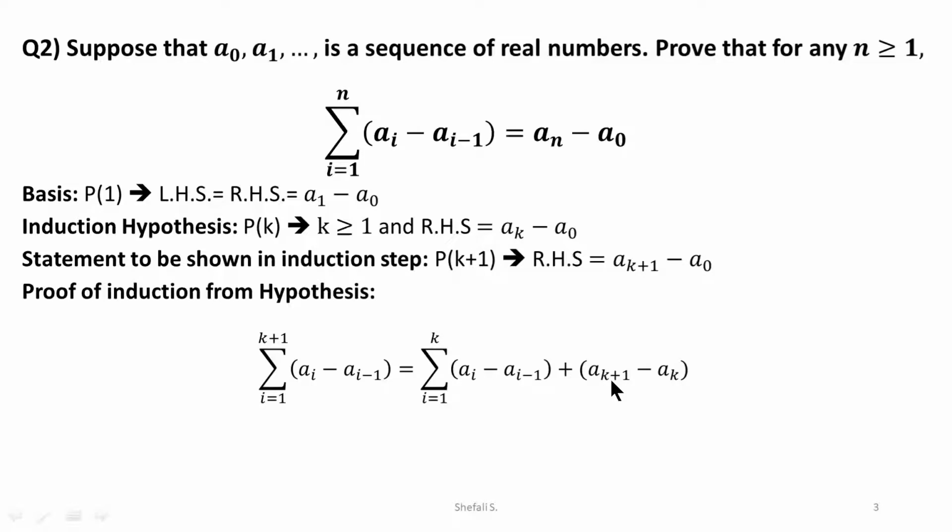So the series up to the kth term can be involved as it is, plus one more term, and ultimately that term can be obtained with the idea where, for 1 to k, the right hand side which is assumed is equal to ak minus a0, plus one more term which you want to add, which can be given in this form.